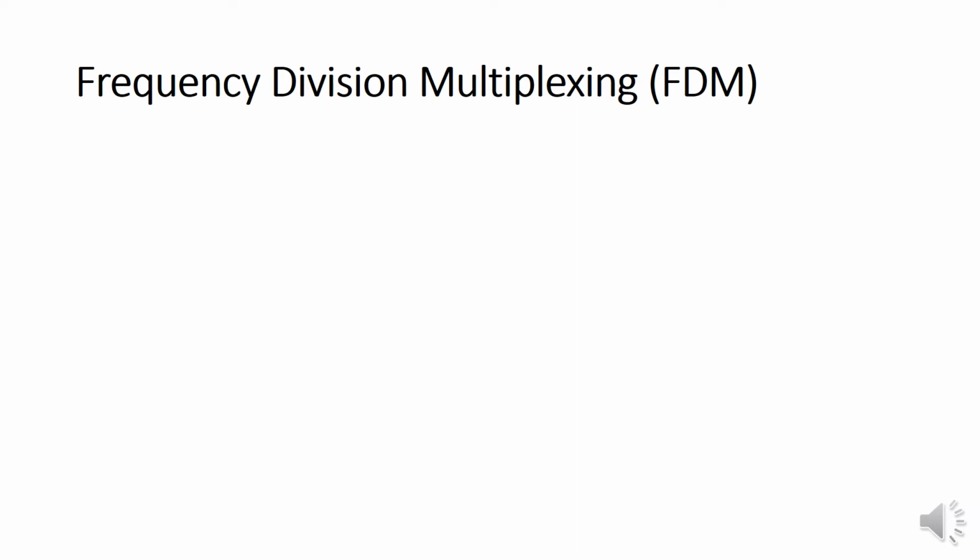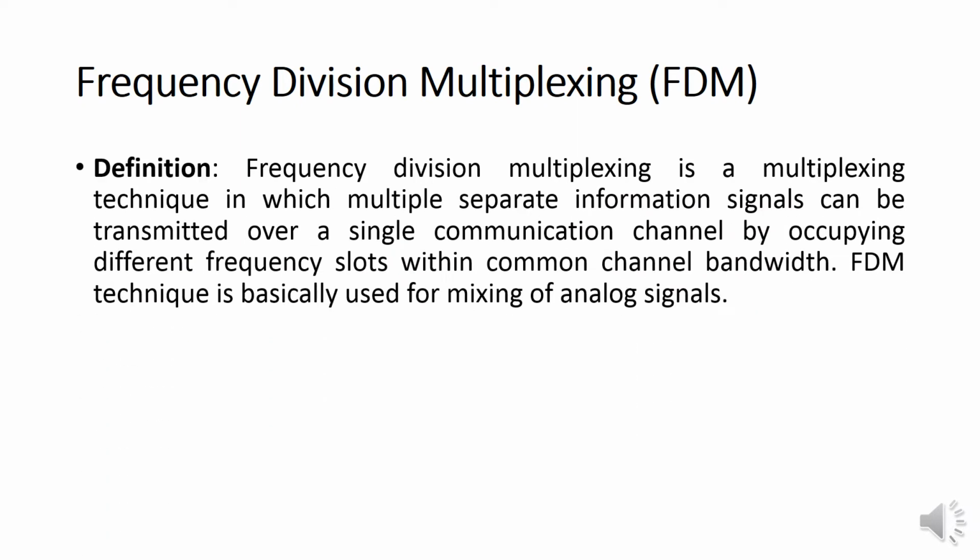First, what is meant by FDM? FDM is a multiplexing technique in which multiple separate information signals can be transmitted over a single communication channel by occupying different frequency slots, within a common channel bandwidth. FDM is basically used for mixing of analog signals.